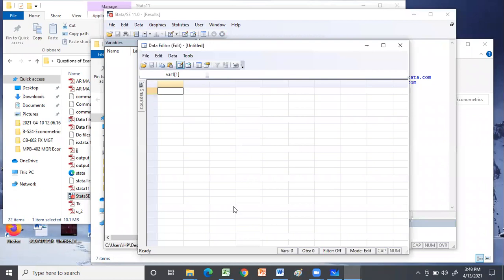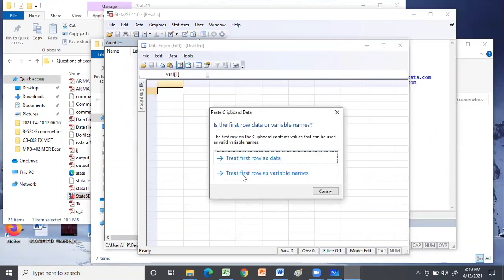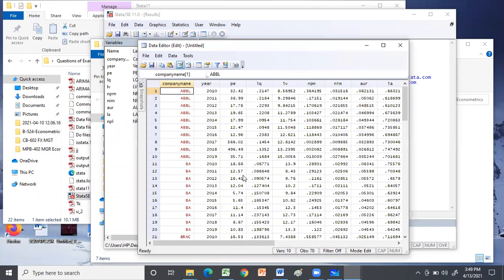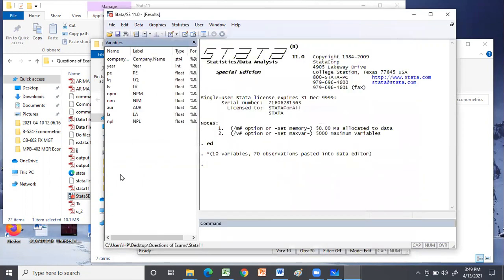You will get the data editor, then paste the data in the data editor from the Excel sheet. Treat first row as variable name, so automatically the data editor takes the first row as variable name. Then, as this is a panel data, you have to make Stata understand that this is a panel data, for which you have to write some commands.